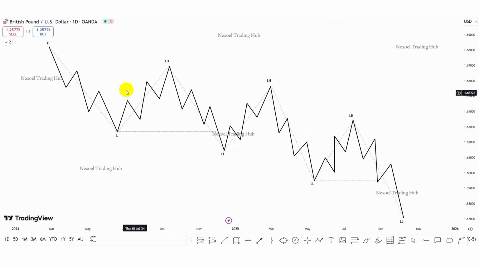What you can see also within this impulsive leg move in a bearish major trend, you're going to have the minor structure giving you also a bearish movement to the downside. You can see that price will be taking out low points. And then in this case, we're going to have the pullback as a bullish condition.